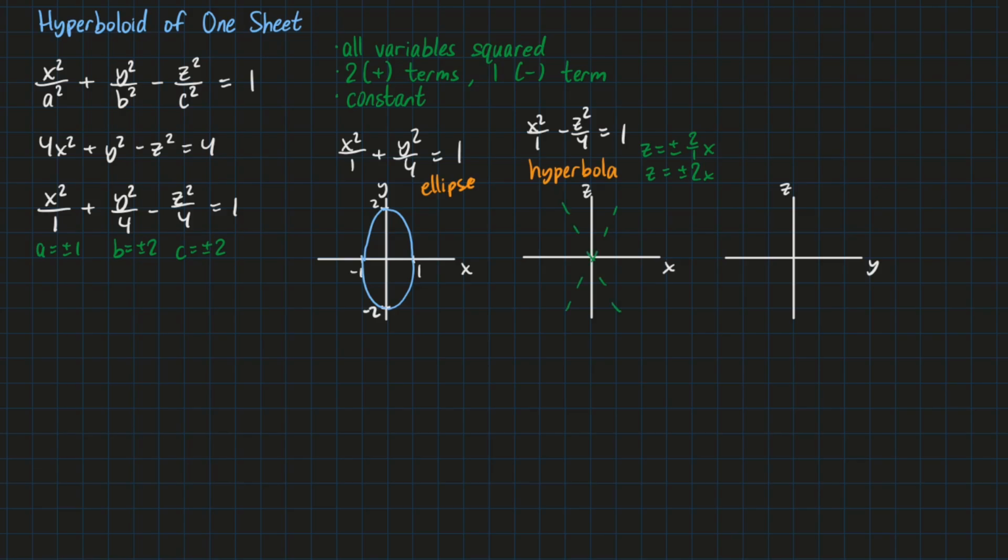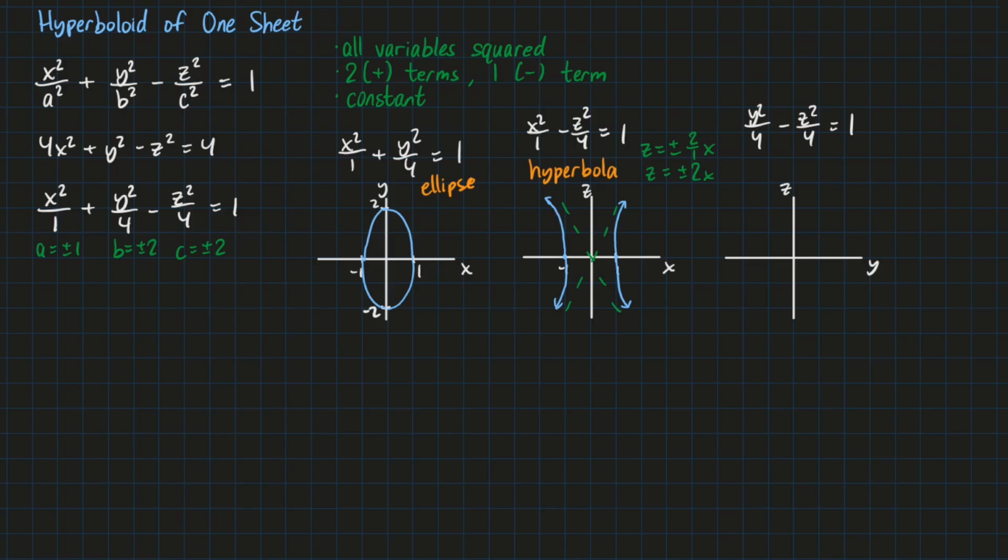Next, we can get the x-intercepts, where if we plug in a 0 for z, we're left with x equals plus or minus 1. So we have a point here and a point here. The hyperbola looks like this. Now if we cover up the x term and we're left with y and z, we'll get another hyperbola equation: y squared over 4 minus z squared over 4 equals 1.